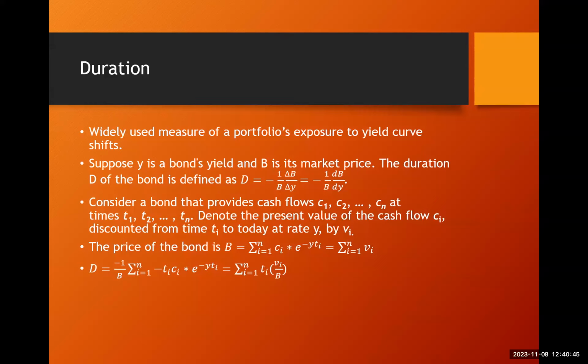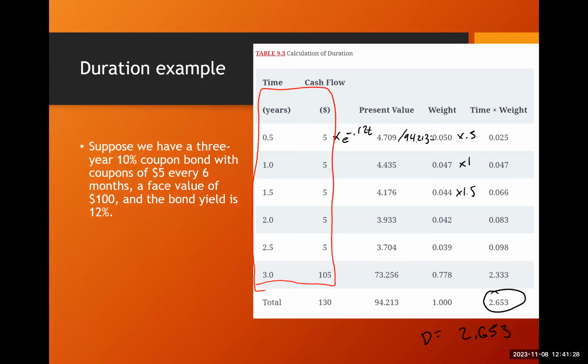What is done in this table is a present value is found. That present value is divided by the total present value to get a weight. And then the weight and the time are multiplied together to get the weighted average. Then you add all those terms up to get the duration.